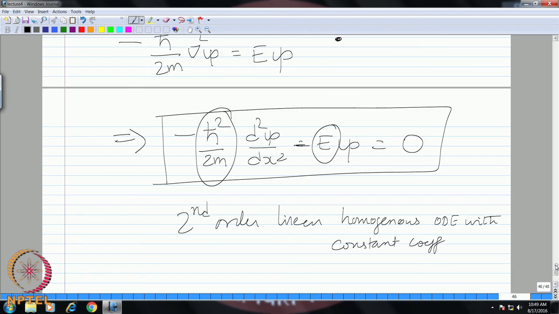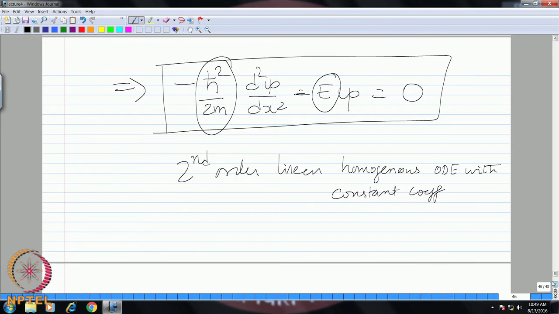So, what is the kind of solution for this? So, we can either write this in terms of exponential functions or trigonometric functions. Okay. So, what we like to do is use the exponential functions here.